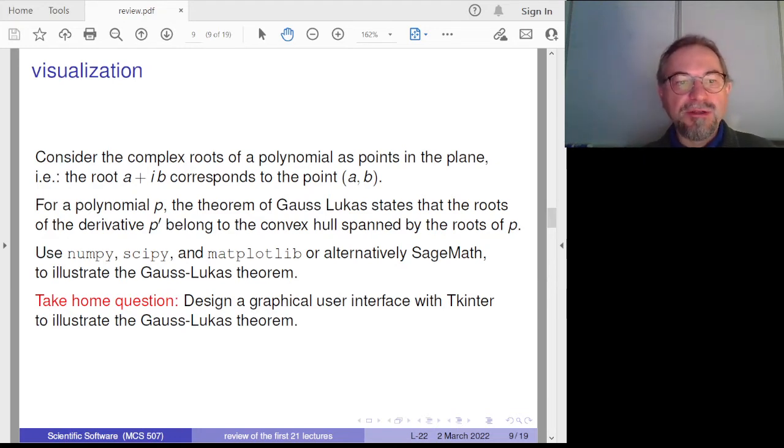So your designed interface here would at least have a canvas element where you see the polygon, the roots, and then also the roots inside there.